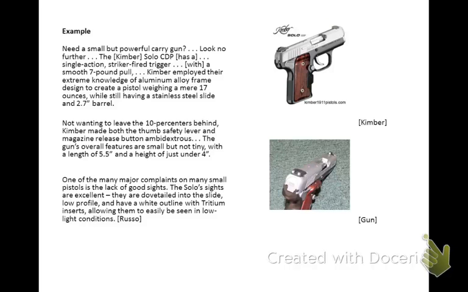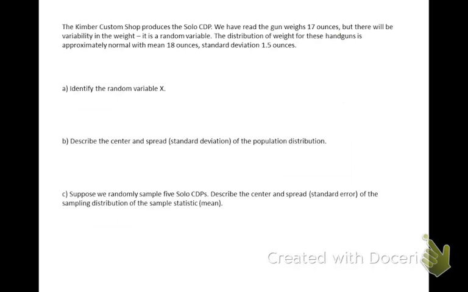The gun's overall features are small but not tiny, with a length of 5.5 inches and a height just under 4 inches. One of the major complaints of many small pistols is the lack of good sights. The Solo sights are excellent. They are dovetailed into the slide, low profile, and have a white outline with tritium inserts, allowing them to easily be seen in low light conditions.